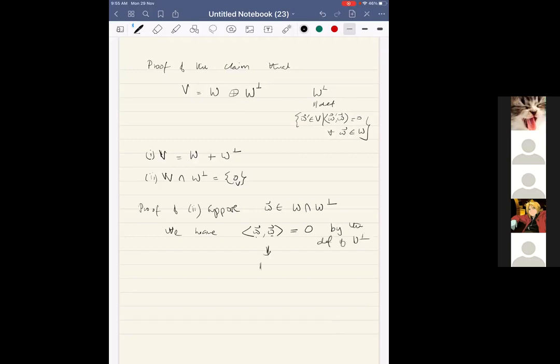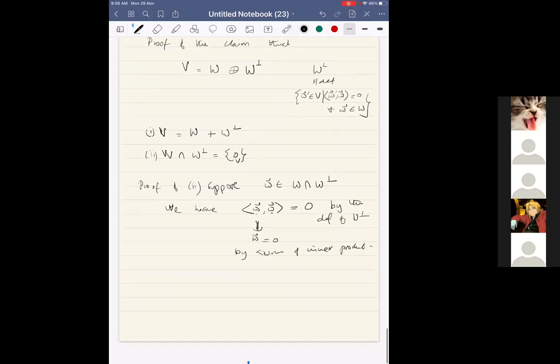This implies the length of w is 0, by the axioms of the inner product. So we prove 2.